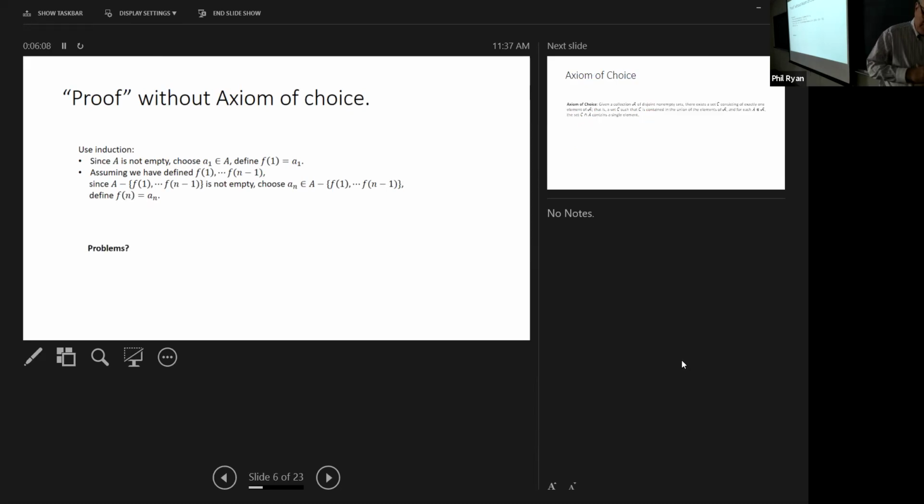So what's the problem with this? Recall when we did section 7, we proved lemma 7.2: if we had an infinite subset of positive integers, then that subset has to be countably infinite. Let me remind you what we did there.